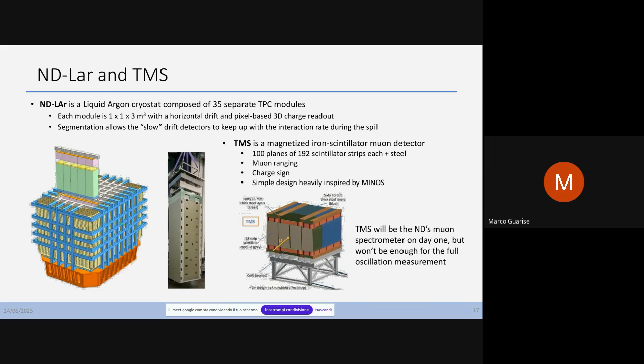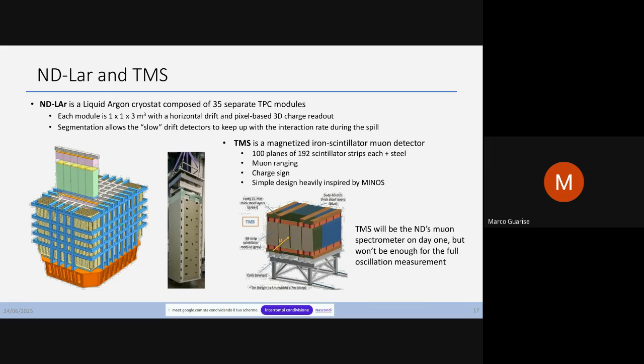So we have a high granularity detector because of the pile-up of neutrinos in this near detector. The modules are these ones, which are 1 by 1 by 3 meters long, and there are currently some prototypes at Fermilab, which are working.